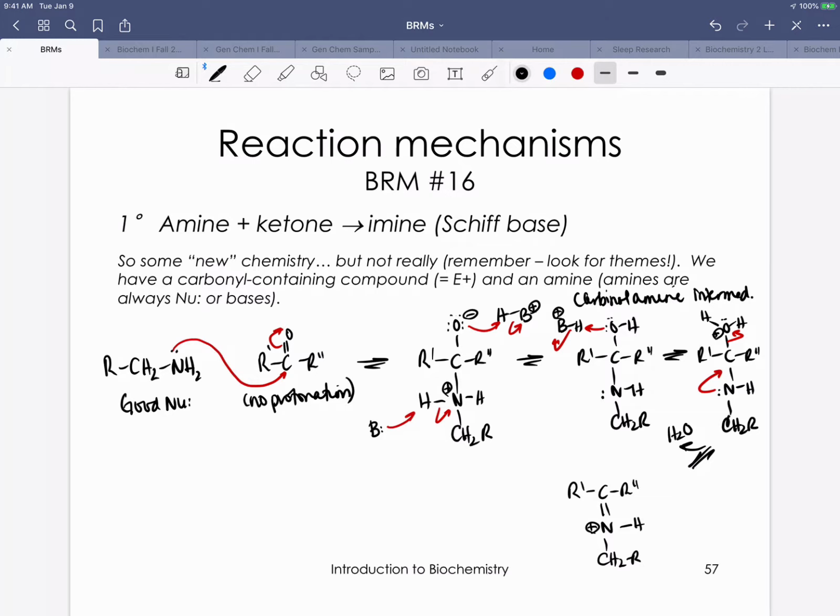We call this a protonated Schiff base. So we can show deprotonation of this Schiff base to get to a neutral intermediate. So again, deprotonation is going to get to the imine Schiff base product that we're looking for.